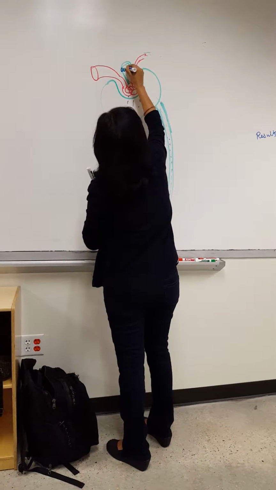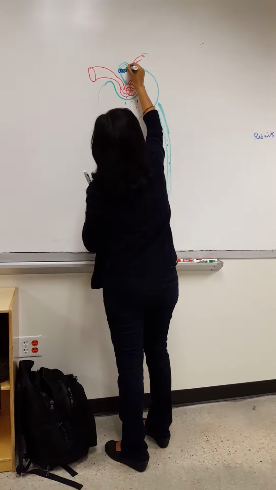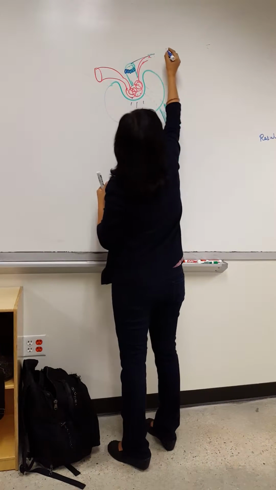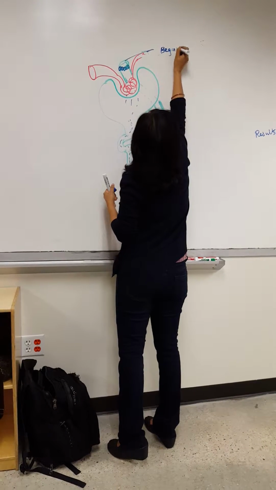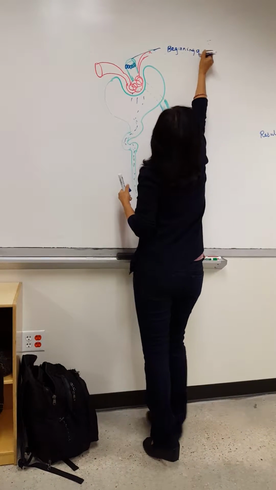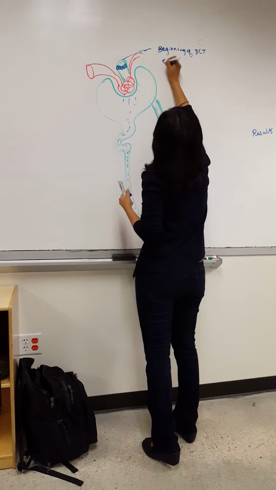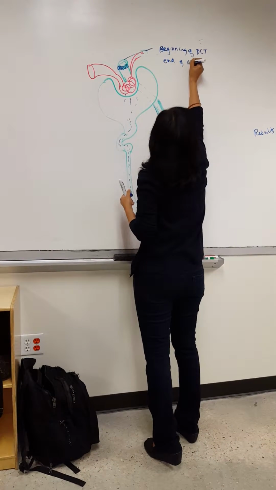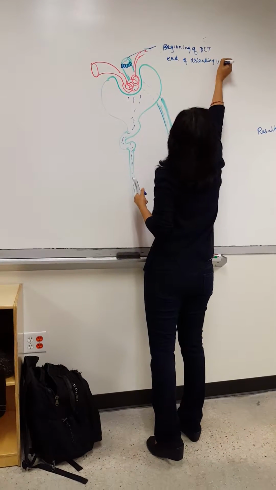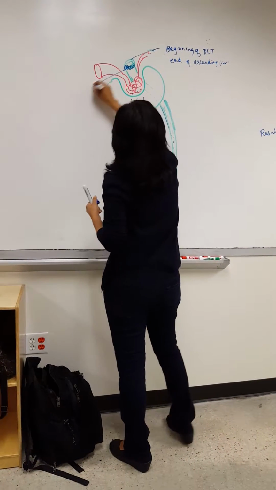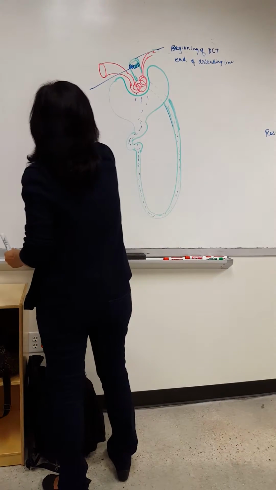These cells are called macula densa cells. So this structure is the beginning of the distal convoluted tubule, or the end of the ascending limb, and these cells here are called macula densa cells.